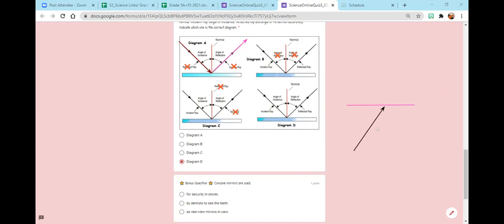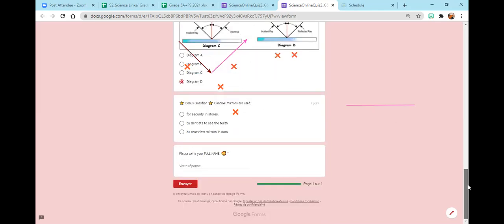This? Incident. This? Incident. So always the light ray hitting the mirror is the incident ray, and the one bouncing off the mirror is the reflected ray.